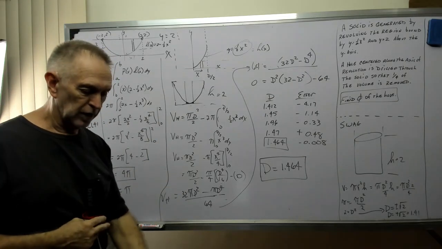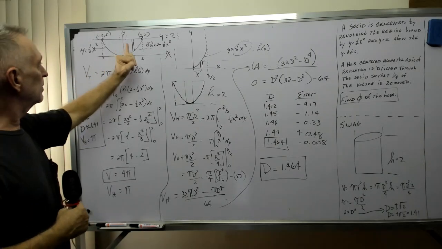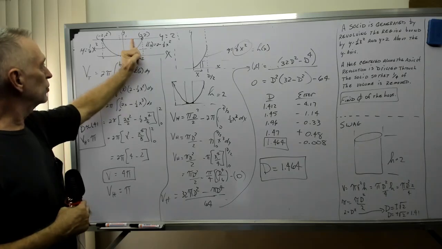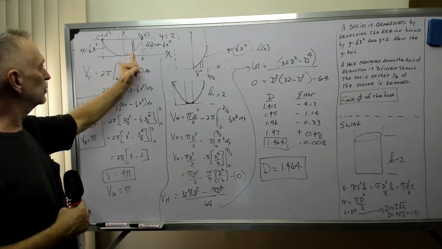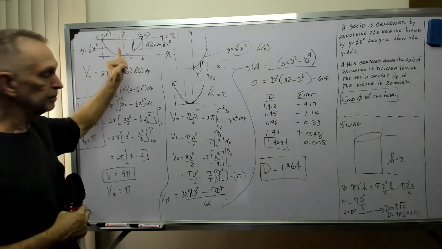First, let's do the shell method with a differential rectangle that represents dx. I set it up parallel to the y-axis.